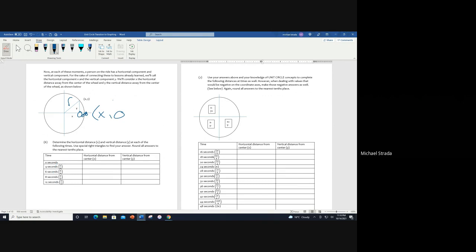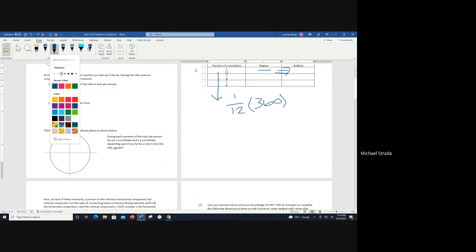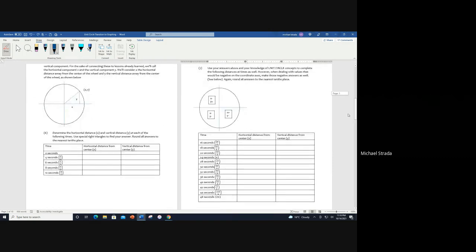So if we get rid of that and we look at it, at 4 seconds, it's pi over 6. So if we drew that out, that angle would be pi over 6.